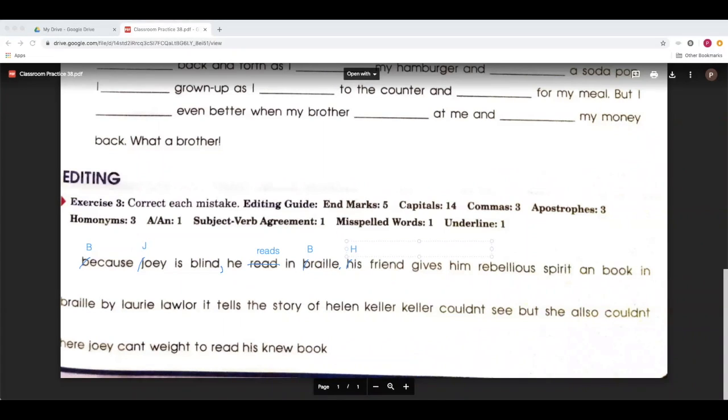His friend gives him Rebellious Spirit. That is the name of a book. So let's underline the book title. And then let's capitalize the title as well.